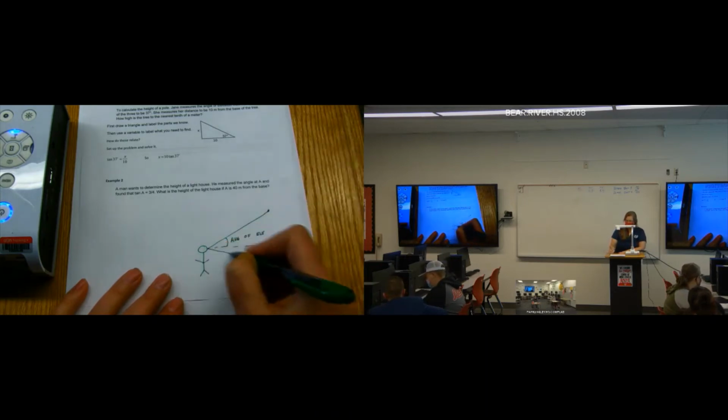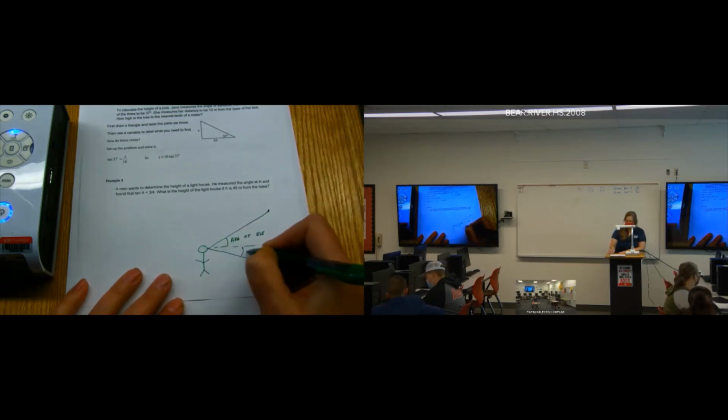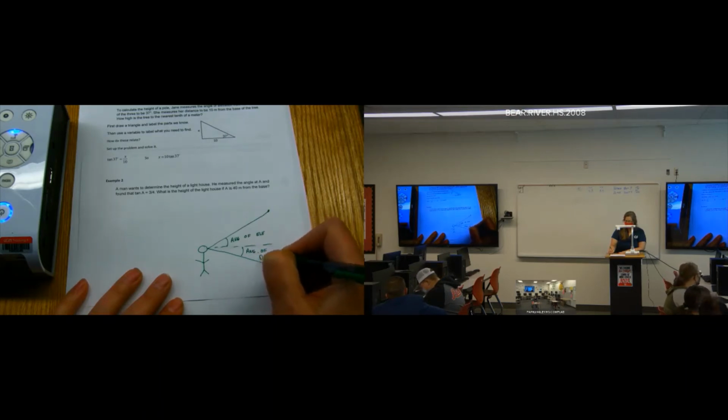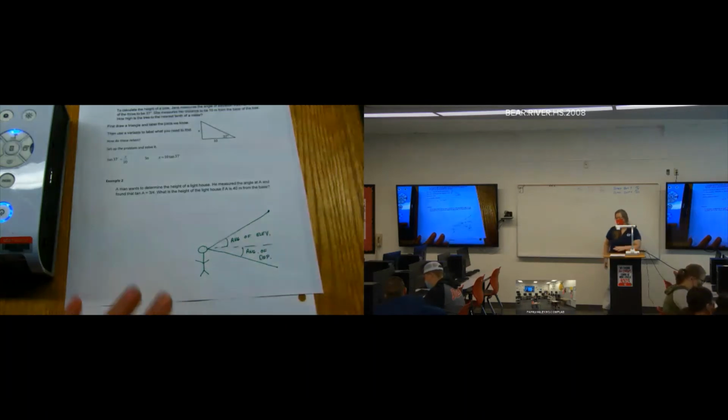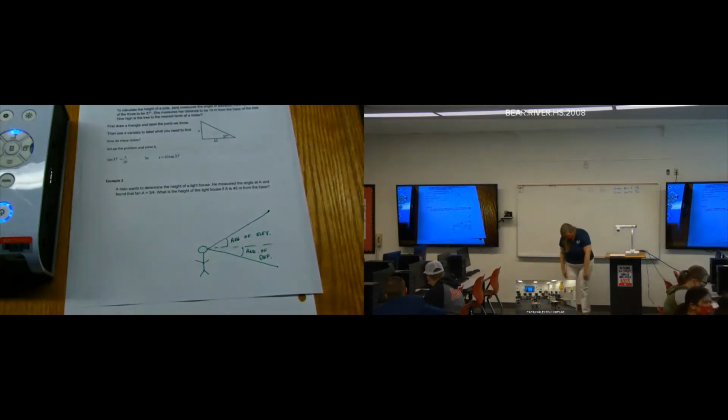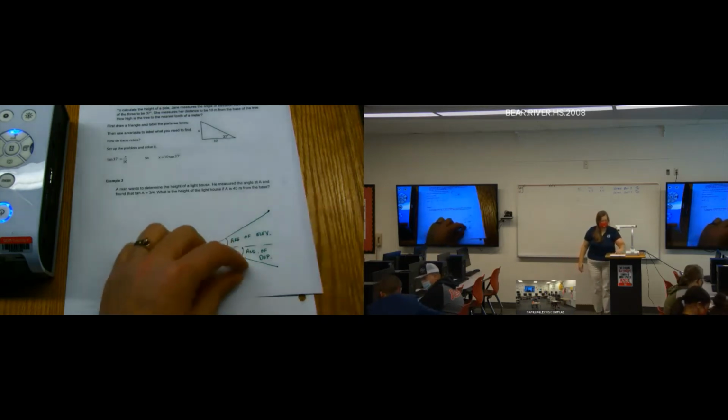If I'm looking down, this is an angle of depression. Elevation, depression. I'm depressed, I'm sad, I'm looking down. That's from where you are to where it goes. That's the angle of depression, okay?